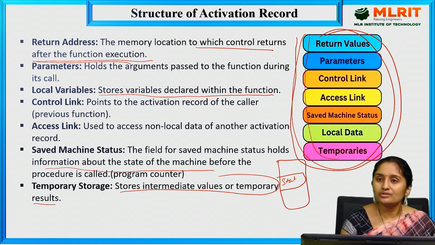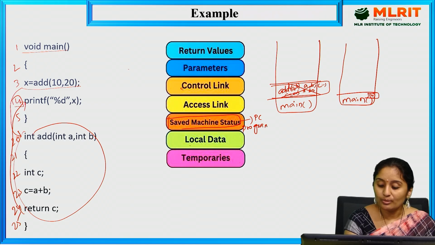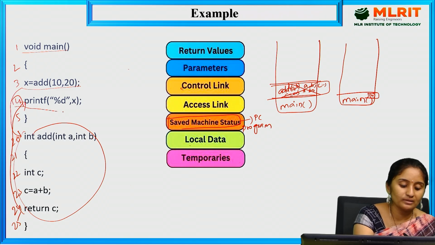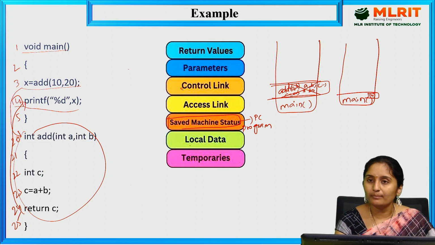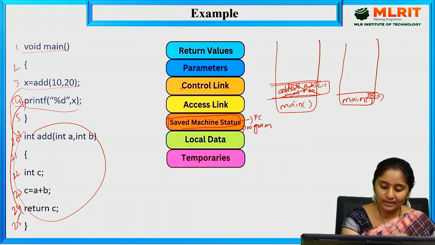We can also call it the PC, or program counter. Before the execution is completed, we record the next line that will be executed in the procedure or activation record. That is what we save here, so we call it saved machine status, or program counter. The next ones are the control link and access link.